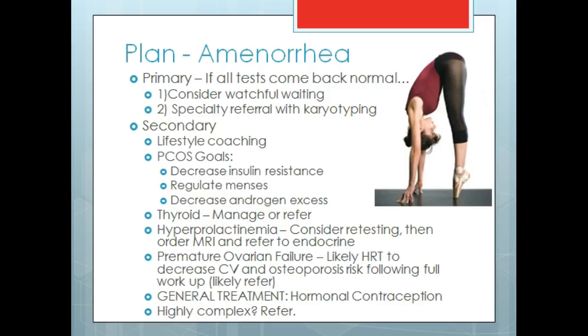I would lean more towards 2, but depending on who you have in front of you, depending on maybe when she started having breast development, those sorts of things, you can look at the gestalt, and watchful waiting might be appropriate. For secondary amenorrhea, we definitely want to spend a little bit of time doing some lifestyle coaching. So thinking about appropriate diet and exercise, and psychological health.